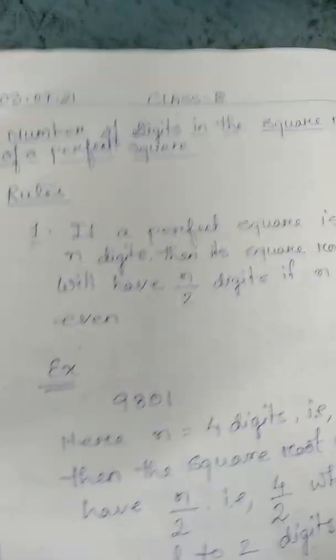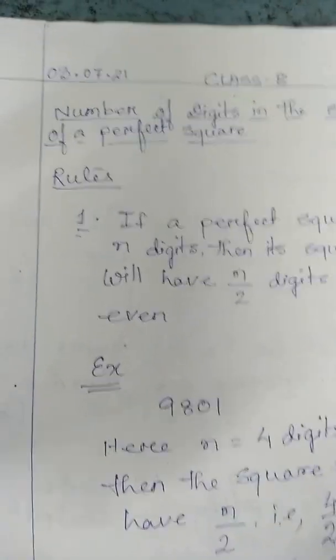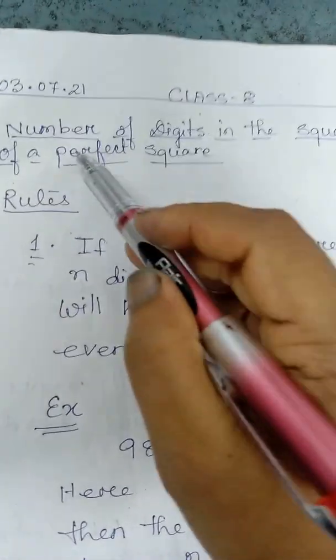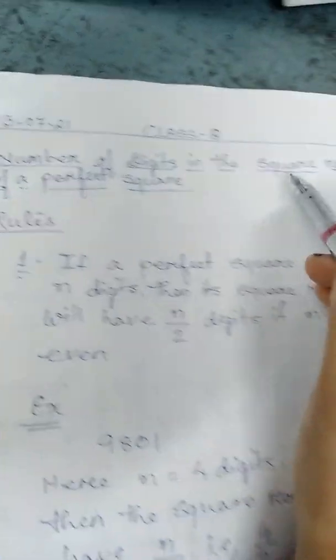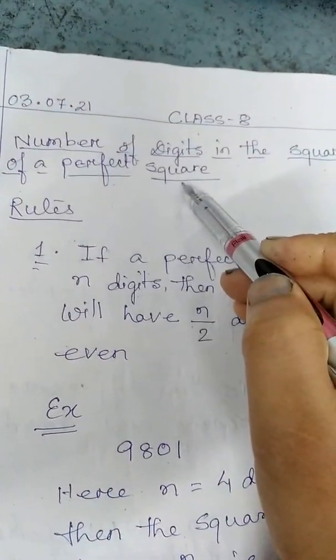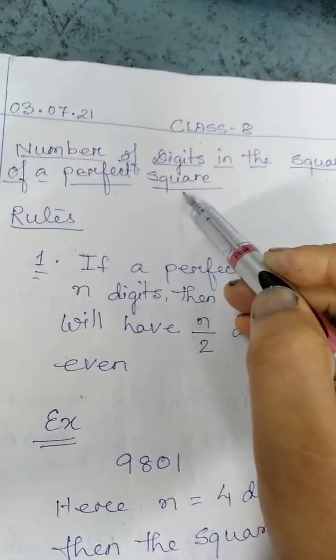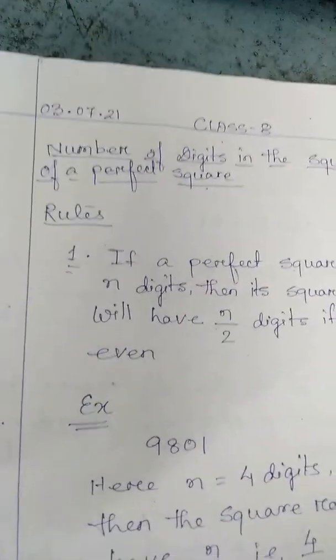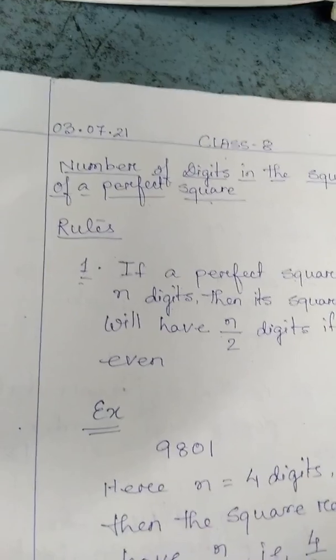Good morning to all. Next topic is to find out the number of digits in the square root of a perfect square. Say, for example, a number is there which is a perfect square.